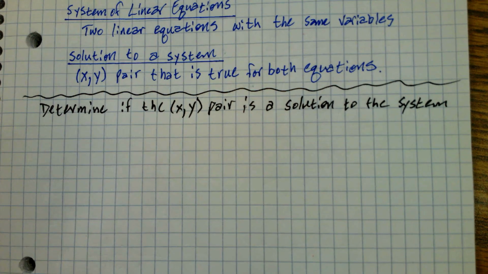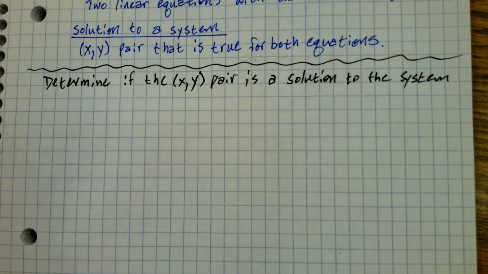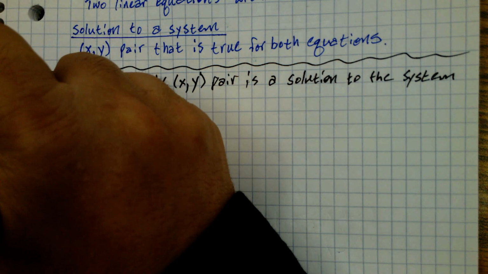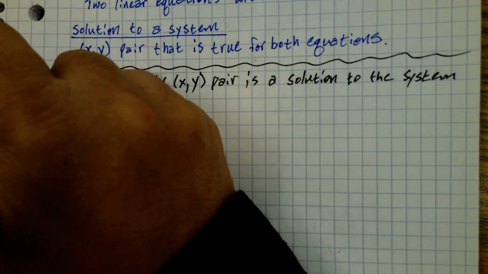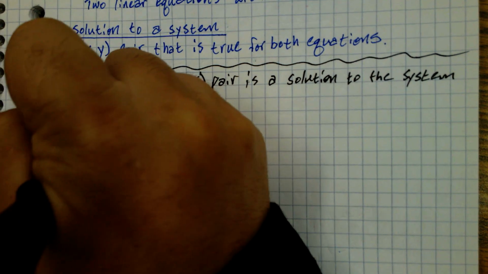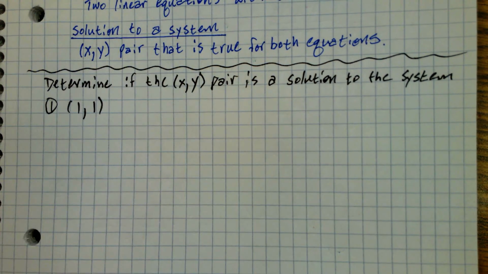Okay. Go ahead and write that down. And it's going to go down like this. So you're going to be given a possible solution. We'll start with a simple one like 1 comma 1.